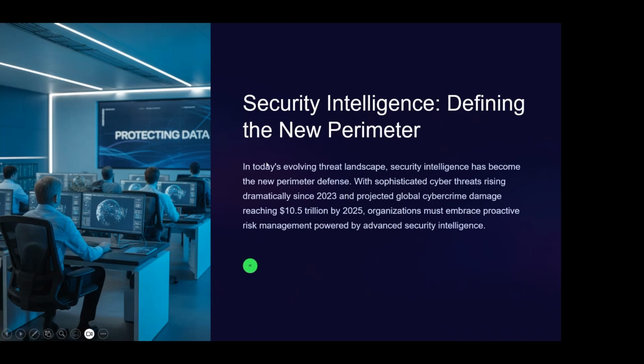In today's evolving threat landscape, security intelligence has become the new perimeter defense, with sophisticated cyber threats rising dramatically since 2023 and projected global cybercrime damage reaching $10.5 trillion by 2025. Organizations must embrace proactive risk management powered by advanced security intelligence.